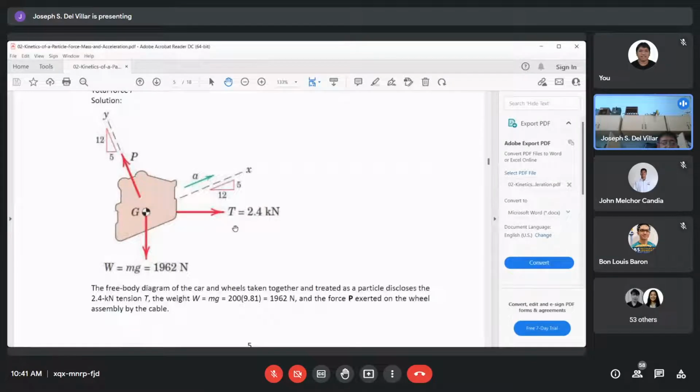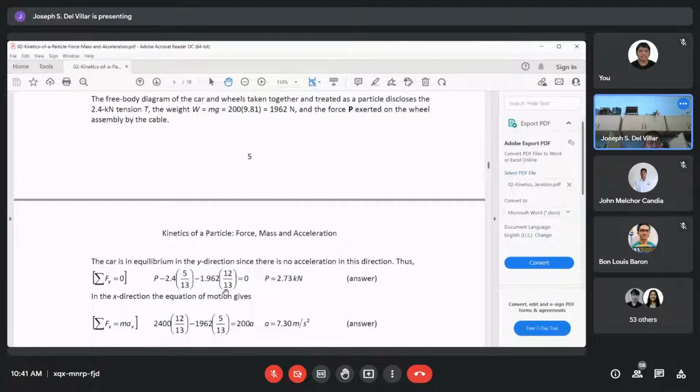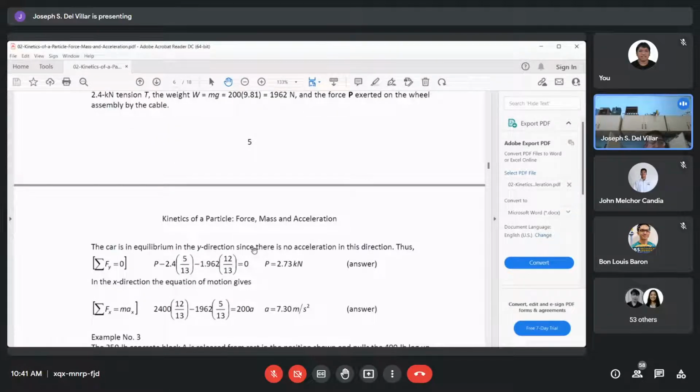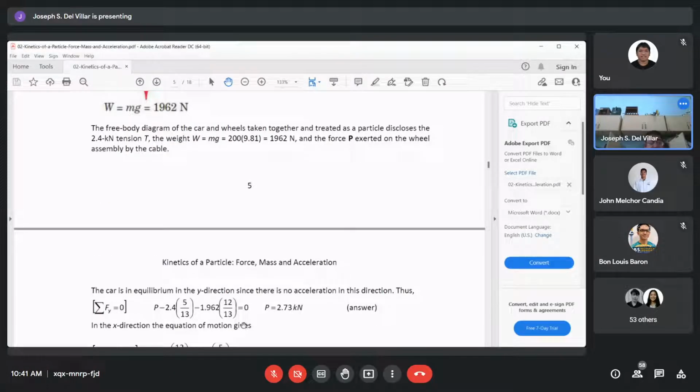No? So, adjacent over the hypotenuse. That is the summation of x. So 2,400 times 12 over 13 minus the weight, that is 5 over 13.